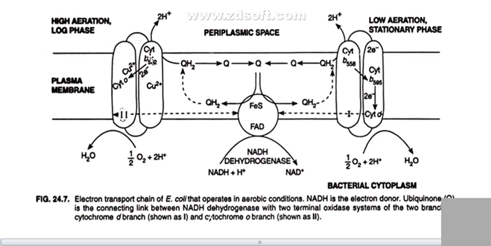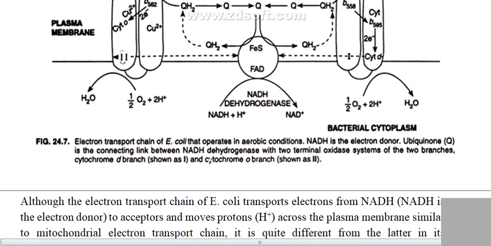And then it is transferring these 2 electrons to the cytochrome O. So, in high aeration or in the aerobic condition, it is transferring to the cytochrome O, and when the anaerobic condition prevails or when there is low oxygen, then usually it is transferring to the D. This is your D. So, this is cytochrome O and this is cytochrome D. Because of that you will see that there are 2 branches.